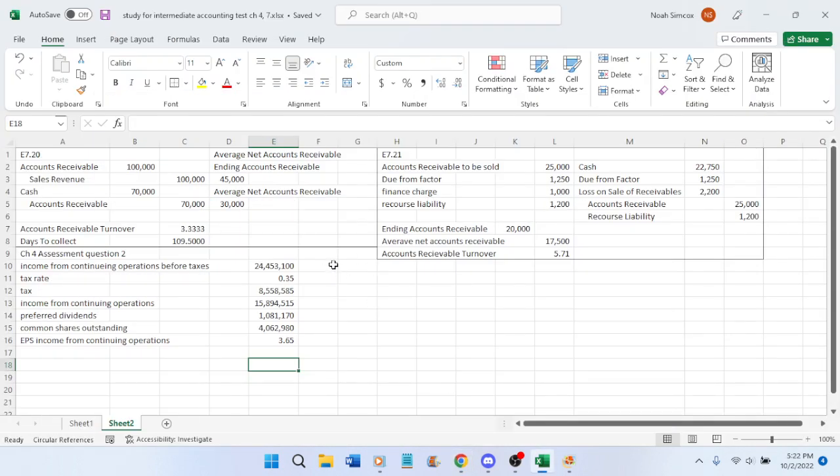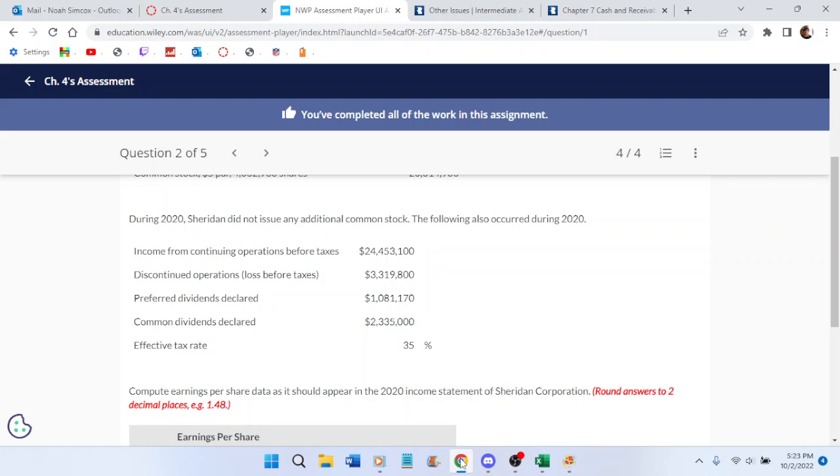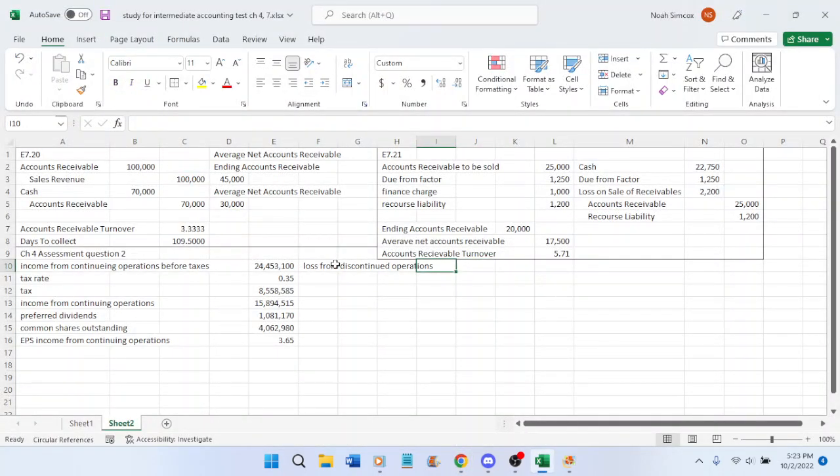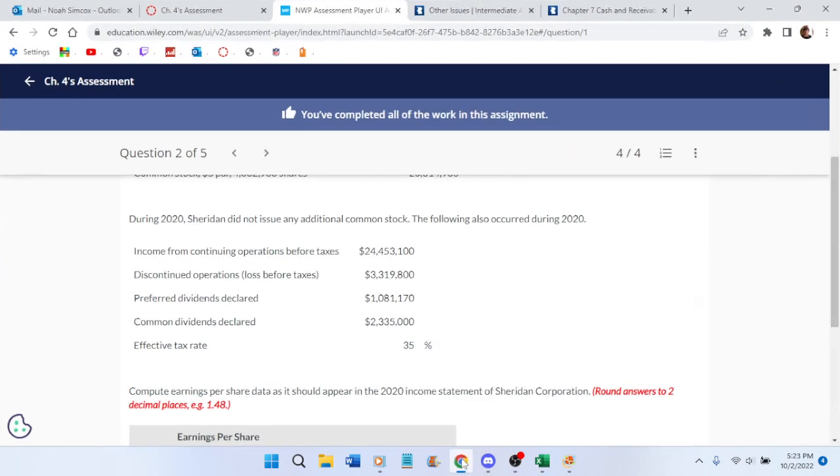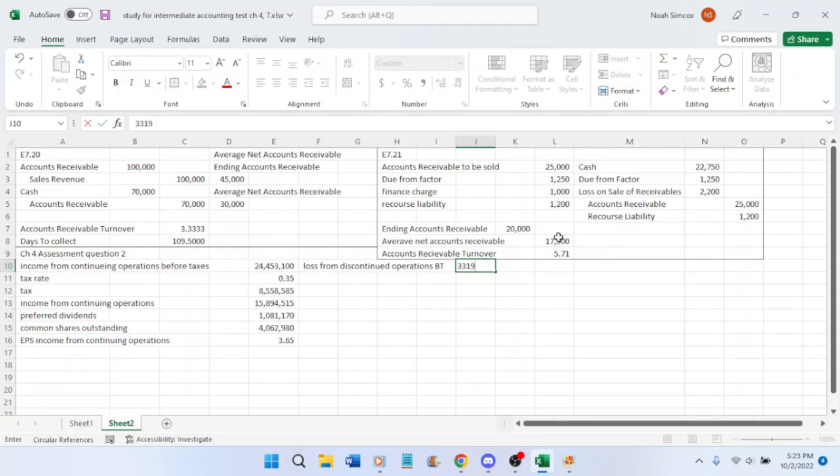Loss from discontinued operations, 3,319,800.